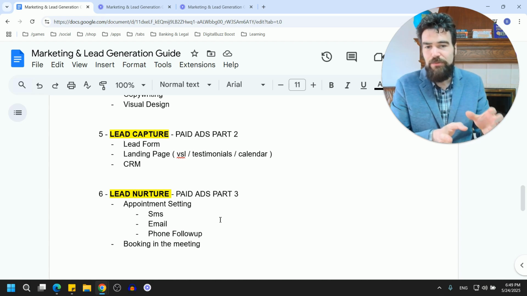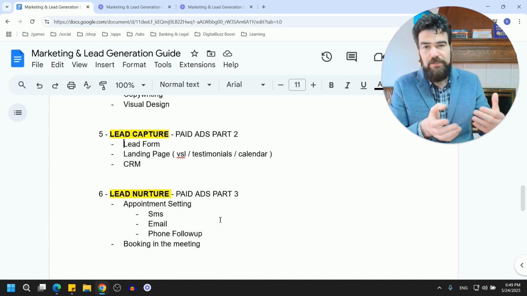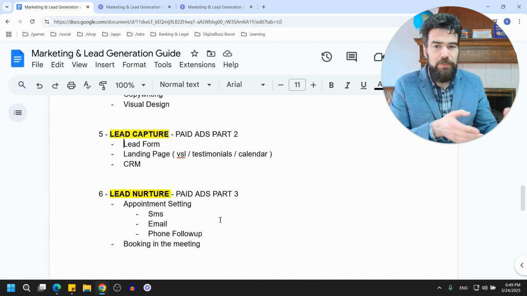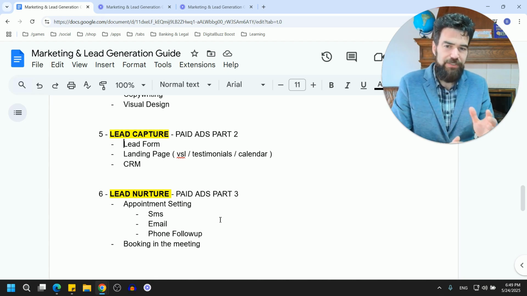But even in the case where they booked an appointment on the calendar, you still want to confirm that with them. So sometimes you want to reach out to them over the phone, but at the very least, you want to confirm with them over WhatsApp or some kind of chatbot. Sometimes that can work. But you need to confirm with them if they book in.